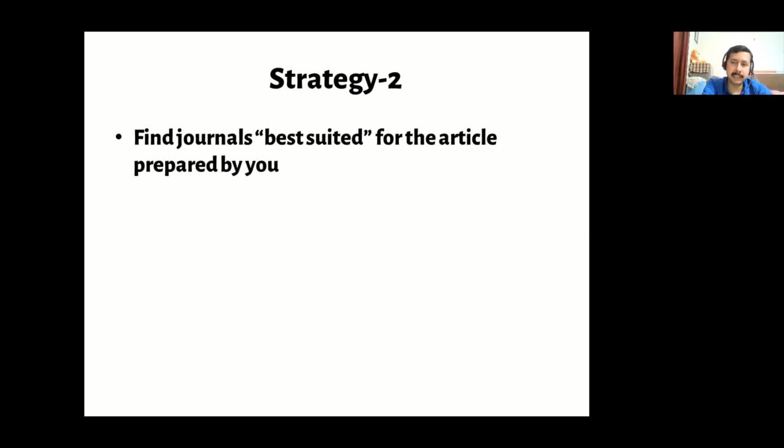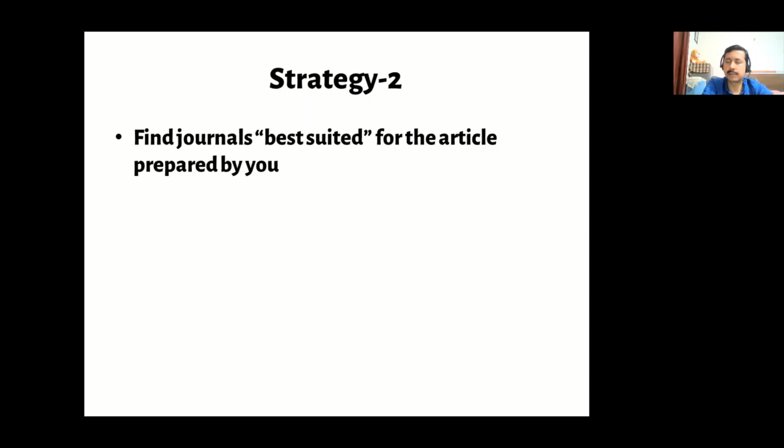I assume you already studied the trends in your respective subject and you've chosen a topic and you have already prepared an article or the title and abstract at least. Now it's time to find journals best suited for the article prepared by you. This is a different strategy than the first one. In this case, you are already ready with the title and the abstract.